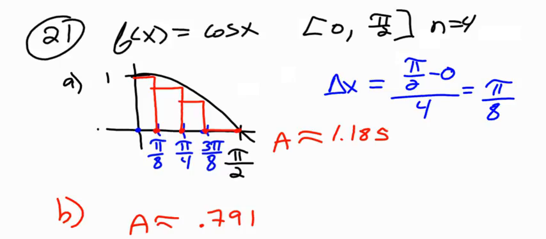And if I want to try the rectangles for the left corner, we see we have this. And we're definitely going to be over. So if we were to do the midpoint one, that value should fall in between those two numbers and make a lot more sense in finding a better approximation of the area.